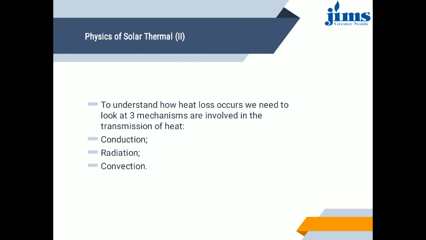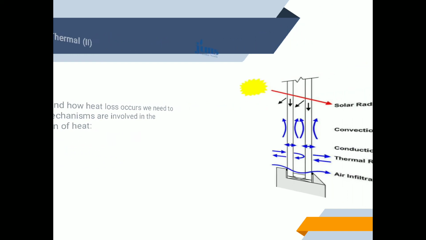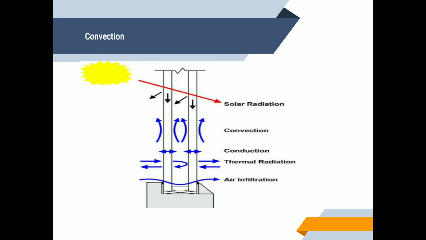To understand how heat loss occurs, we need to look at the three mechanisms involved in transmission of heat: conduction, radiation and convection. We can see in the image that when we have solar radiation, there are three processes: convection, conduction and thermal radiation. Last is air infiltration.